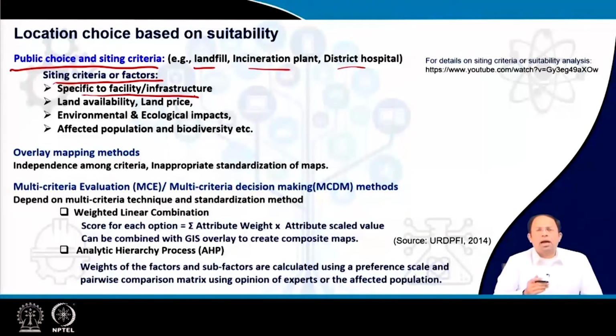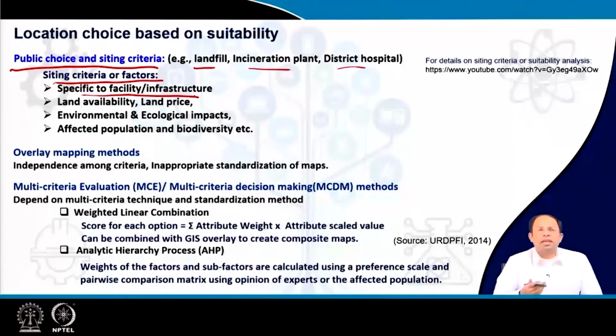For example, for a landfill site, the criteria is we should set it up at least 10 kilometers away from an airport, or it's 20 kilometers, but in some cases we can even go for 10 kilometers. So that's one of the criteria. So similarly, there could be other criteria for other aspects.